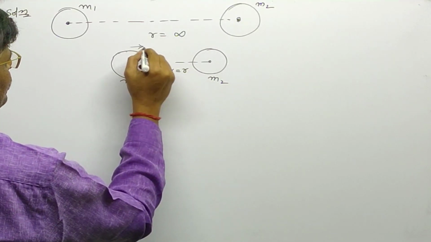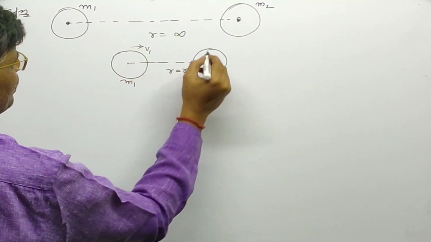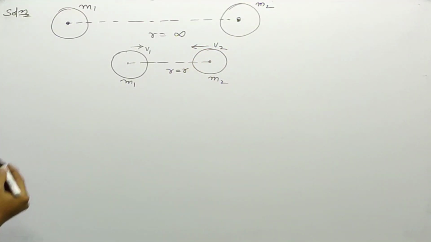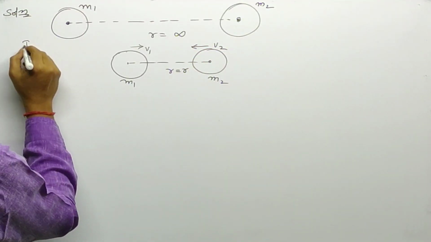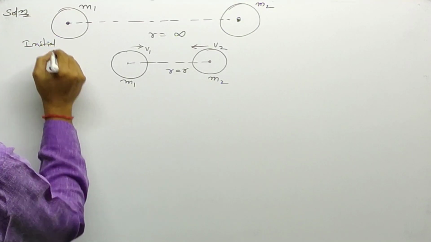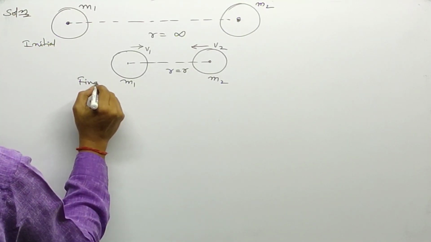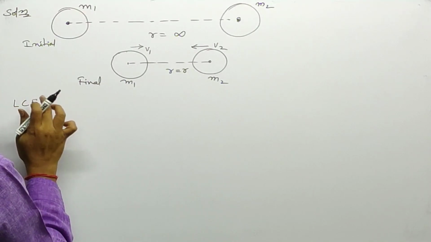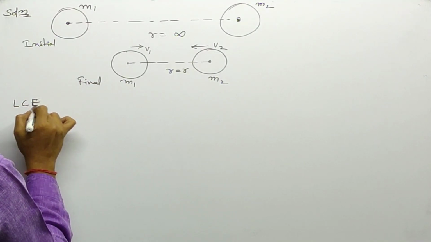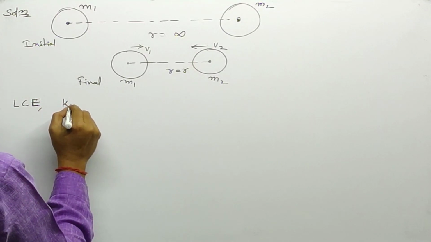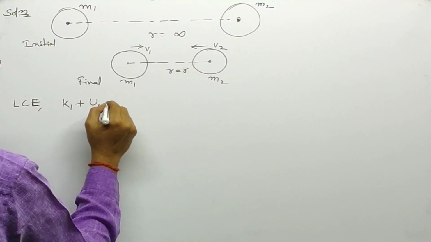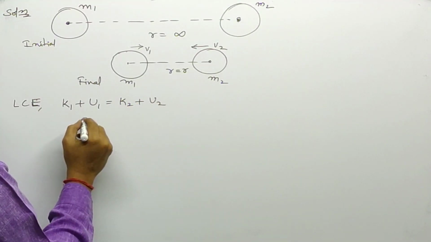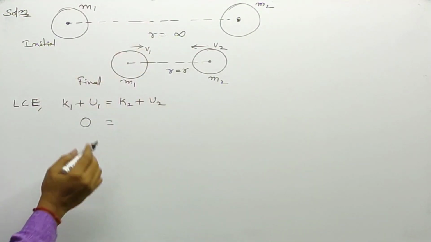Let us assume that v1 is the velocity of the first mass and v2 is the velocity of the second mass. This is initial and this is final. According to the law of conservation of energy, we can write K1 plus U1 is equal to K2 plus U2. Initially this is 0.